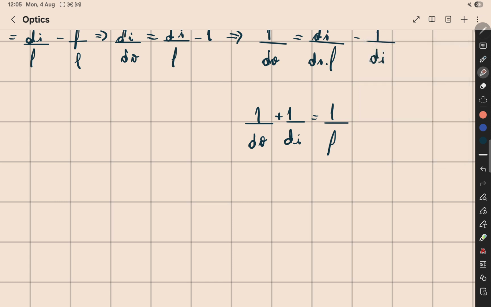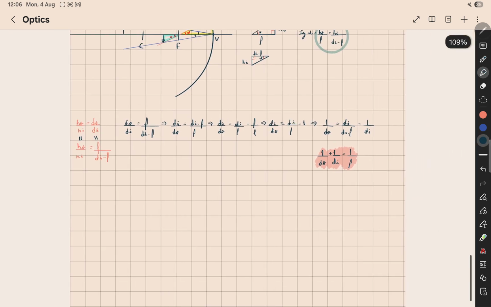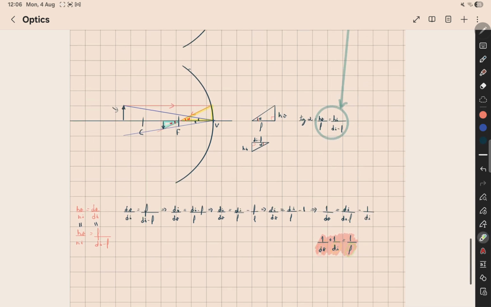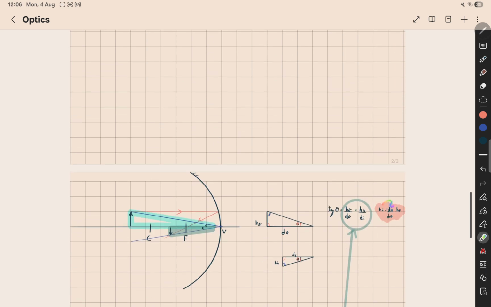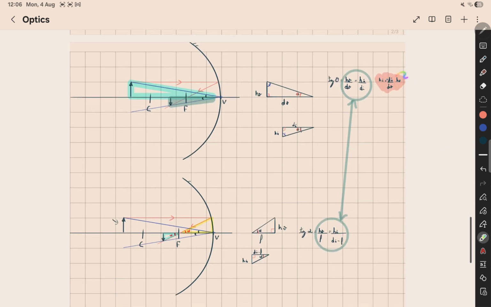That's the final version. So now I can describe the relationship between the distances of the image and the object given the focal length. I can relate the distance of the object, the distance of the image with the focal length, and with this equation here, I can relate the distances of the image and the object with the height of the object.